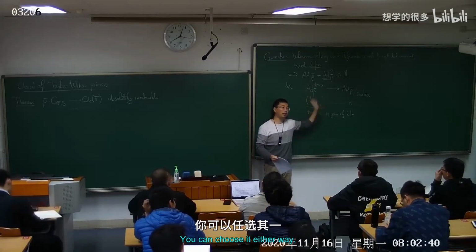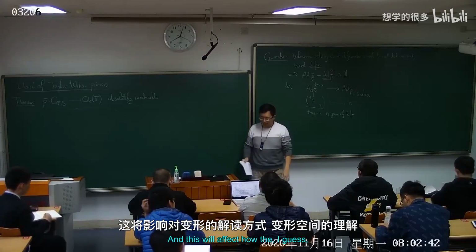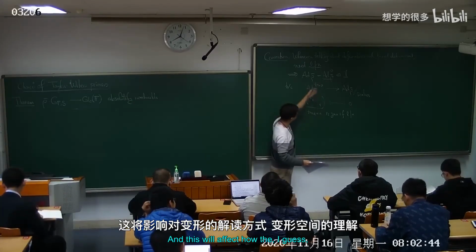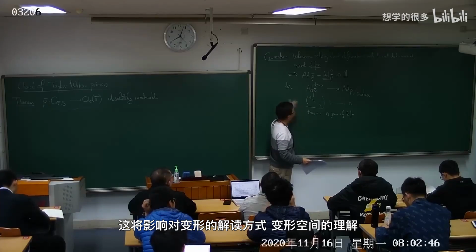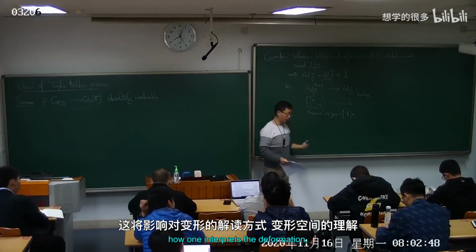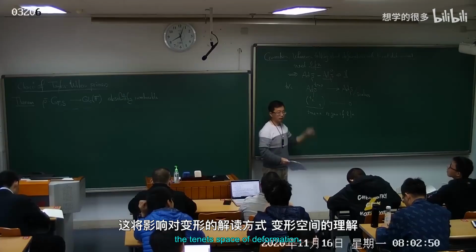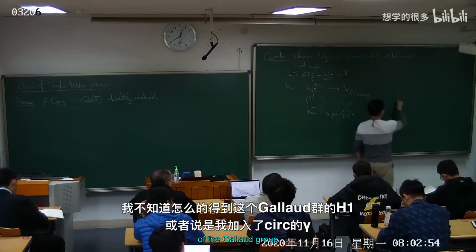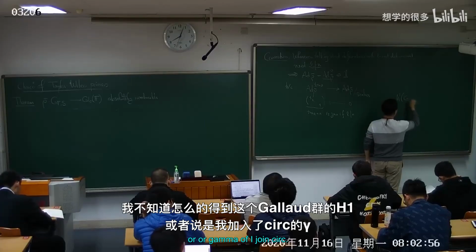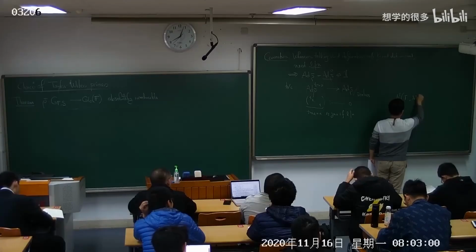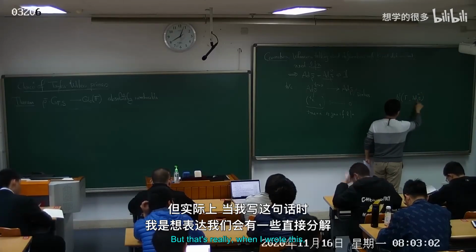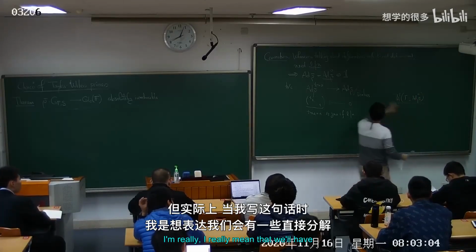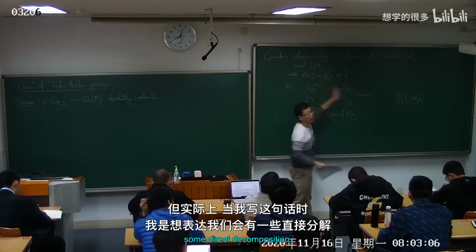You can choose it either way, but this will affect how one interprets the deformation, the tangent space of deformation, where I have H1 of the Galois group of adjoint zero. But when I wrote this, I really mean that we'll have a direct sum decomposition.